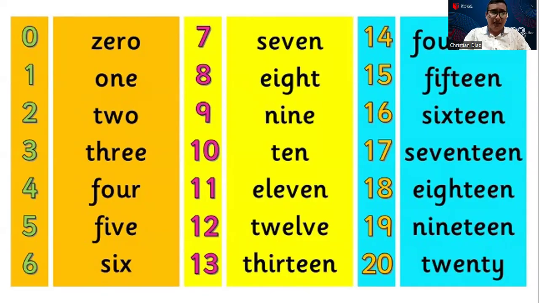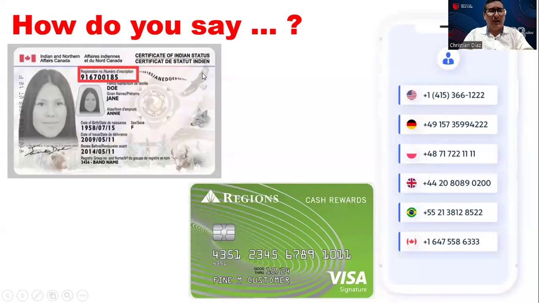Sometimes 0 is the name of the cardinal number, but as a digit we can say O, right? For example, here, how do you say these numbers? In some cases, it includes number 0.